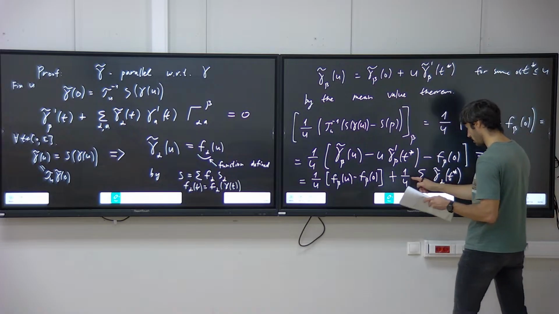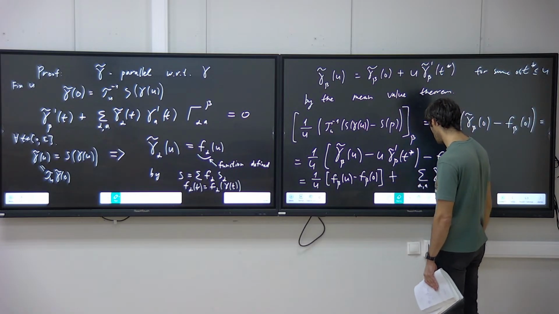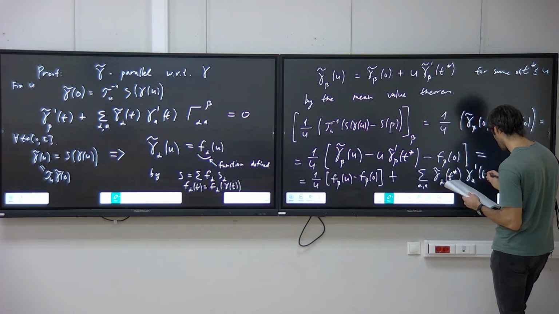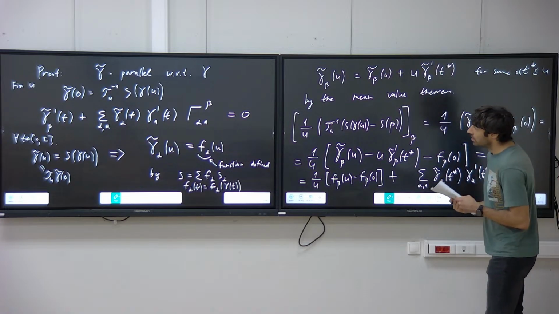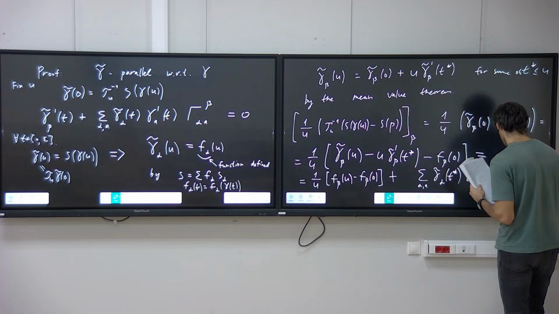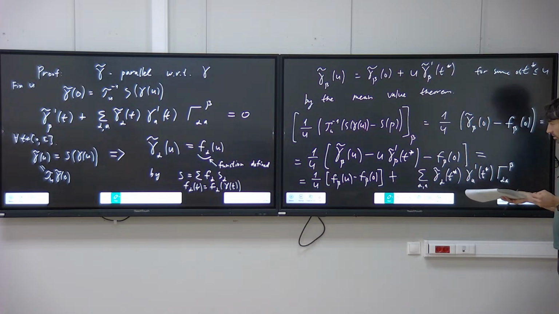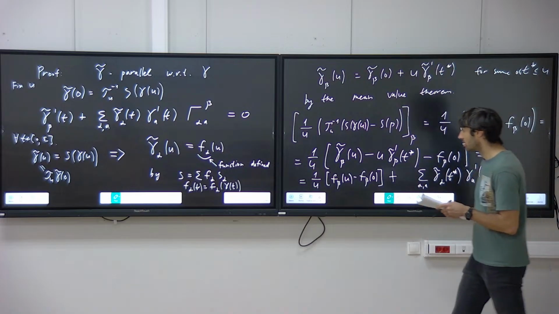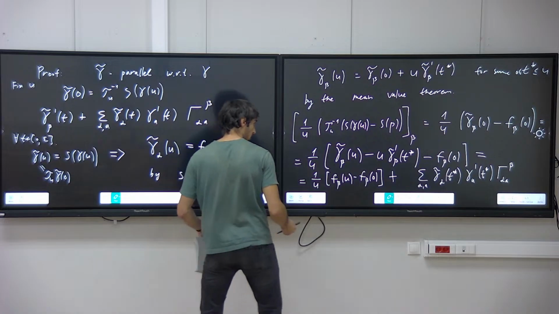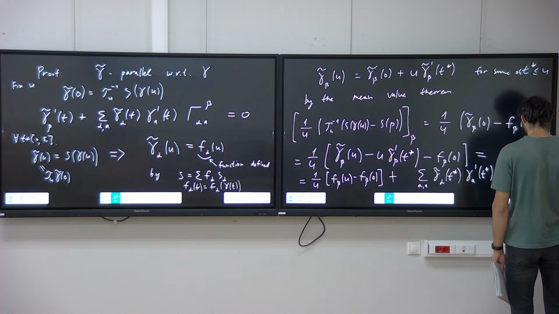By the way, there is no 1 over u because it cancels with this u, so I can erase this. And then gamma a prime of t star, and then capital gamma alpha a beta. Okay, so that's what I got. And now I take the limit as u goes to 0.